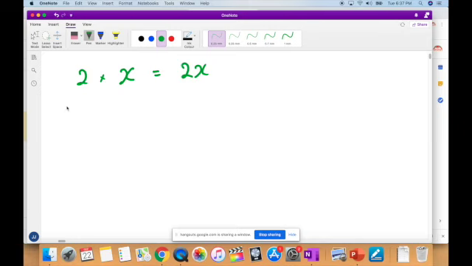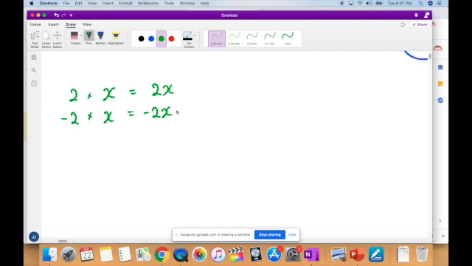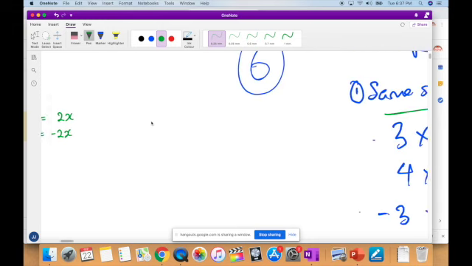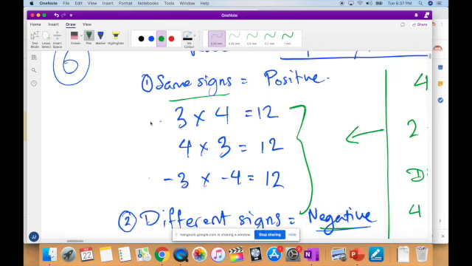What am I going to get if I have negative 2 multiplied by x? Negative 2x. What is the rule here?